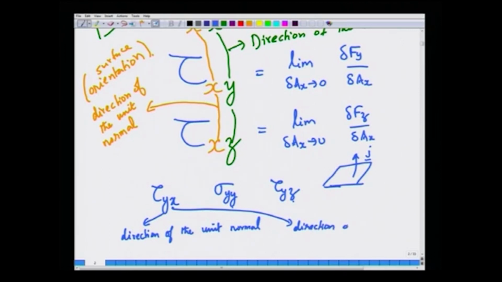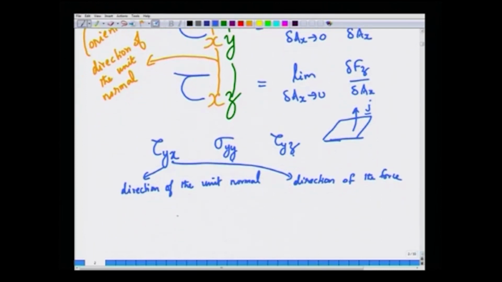So, you need 2 subscripts. Likewise, on a plane whose unit normal is in the z direction, that is plus k, you have tau z x, tau z y and sigma z z.